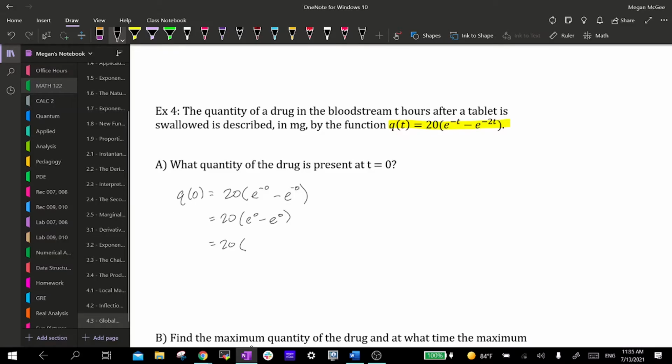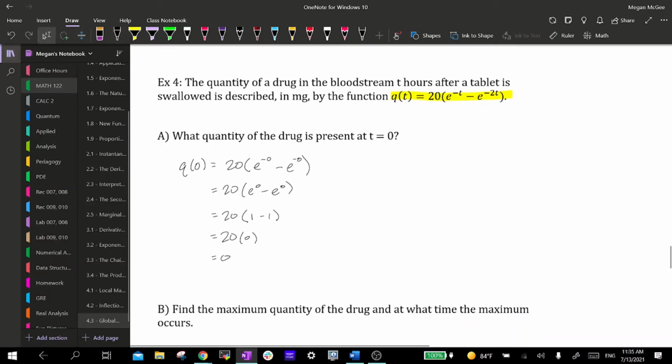So we have 20 times 1 minus 1, well that's 0 also. So we end up with 20 times 0, anything times 0 is 0. All right, so there is no presence of any drugs in the body at time is equal to 0. So it still needs to be absorbed into the bloodstream.